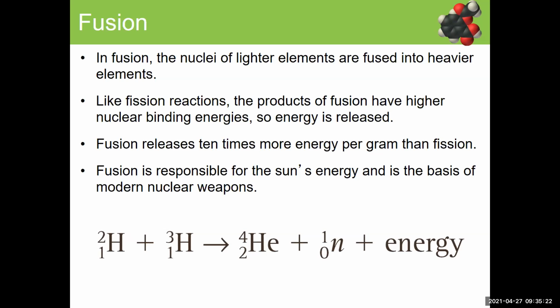In both of these processes, energy is released. Fusion has about 10 times more energy per gram than fission. We see an example of fusion down here below, two different types of hydrogen forming helium, and we see in big letters at the end that a lot of energy comes out.